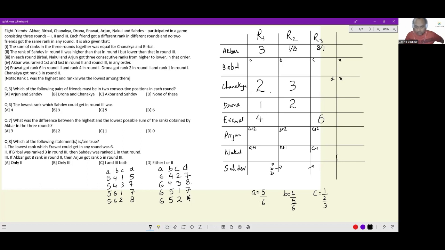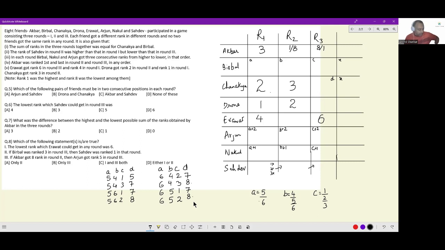So Chanakya would have to be 8. And 6, 5, 3 is not possible because the sum of ranks would then be 14 for Birbal, and Chanakya cannot reach 14 at all. Also, 6 and 6 for A and B is not possible because every row is supposed to be distinct. So these 8 cases we get in total.